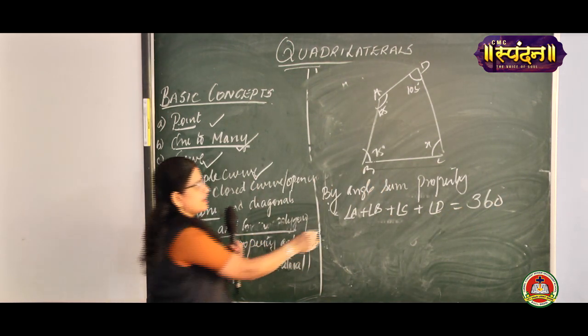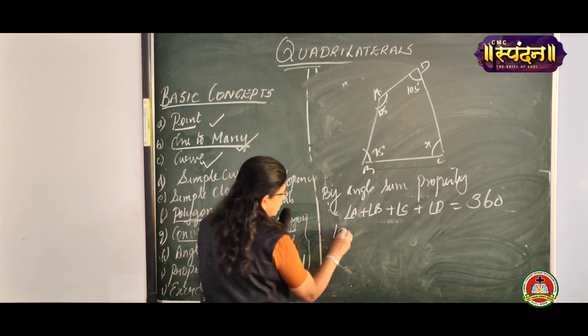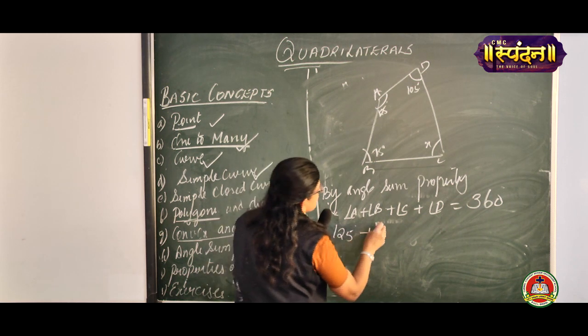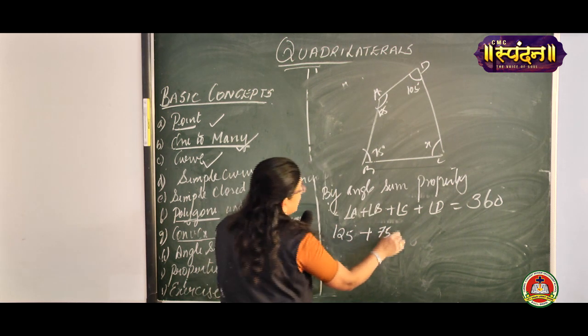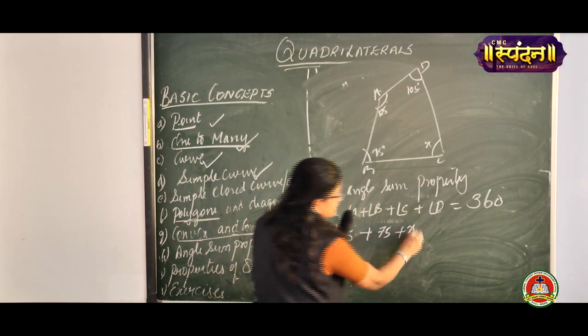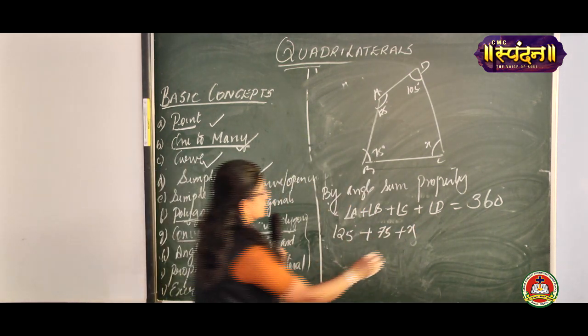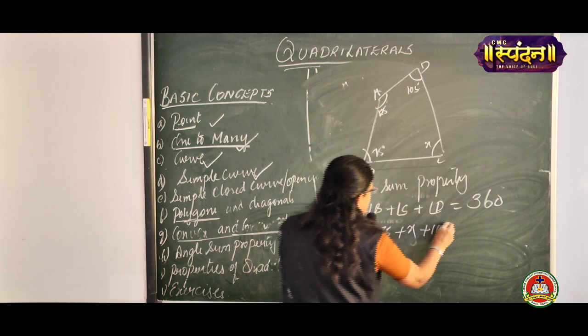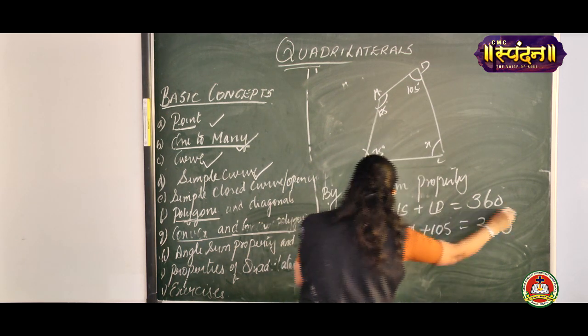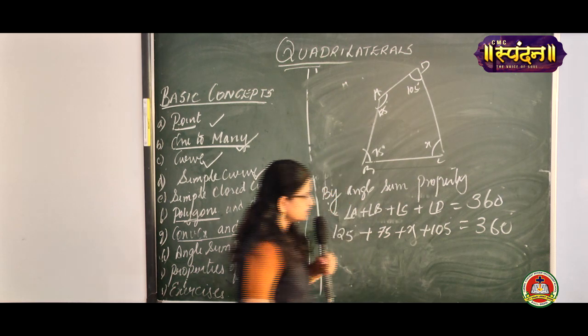Can I replace the value of angle A? What is angle A? 125. Angle B is 75. Angle C is unknown, so let us take it as X. And what is angle D? 105. This is equal to 360 degrees. Now I have to add all these three angles.